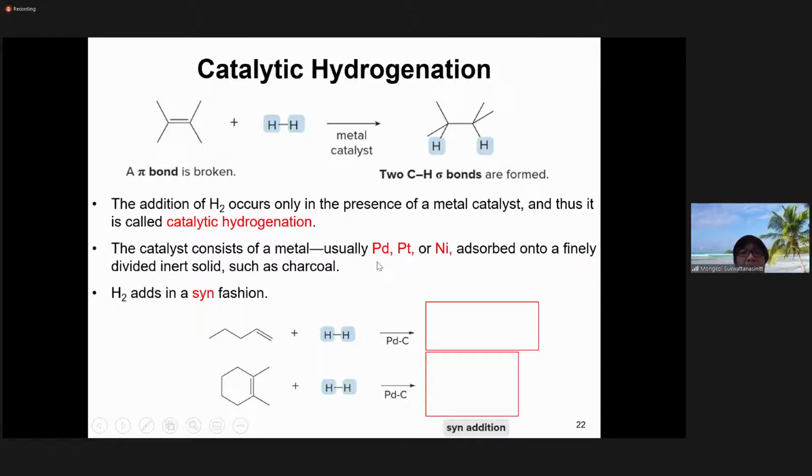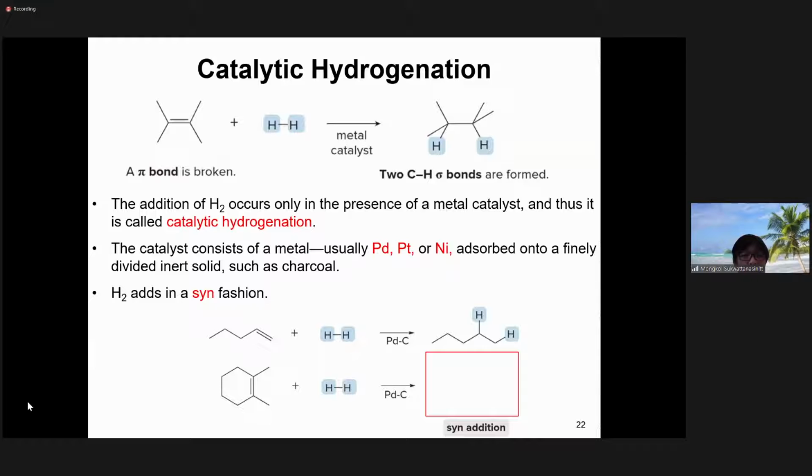Normally, in catalytic hydrogenation, the metals used are palladium, platinum, and nickel. Okay, and the addition is a syn addition, which means both hydrogens will add from the same side of the alkene.